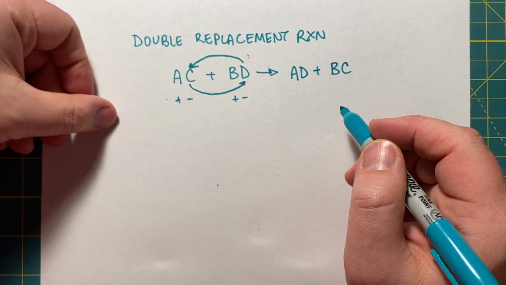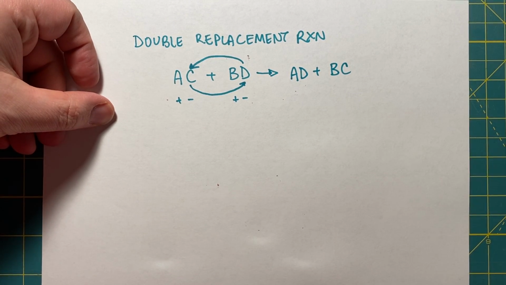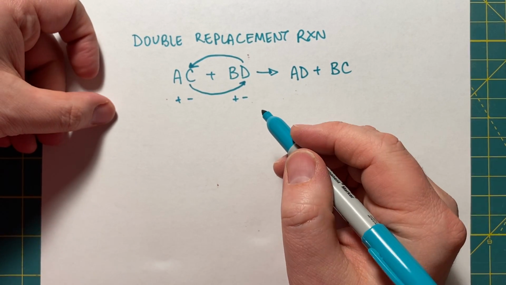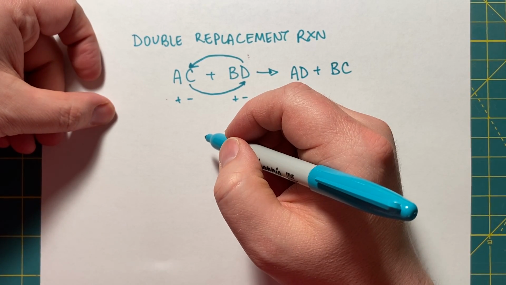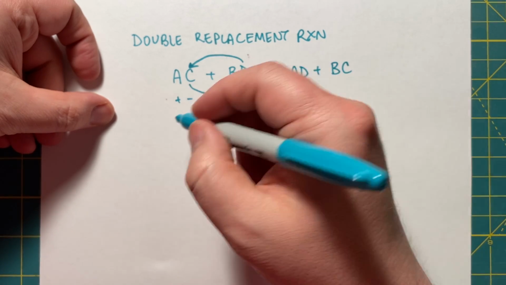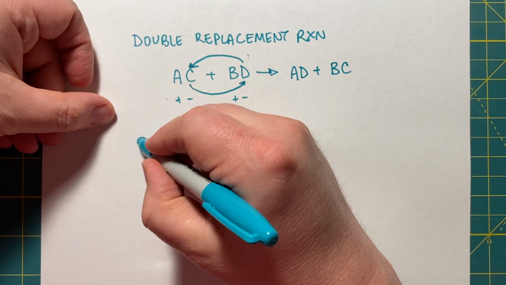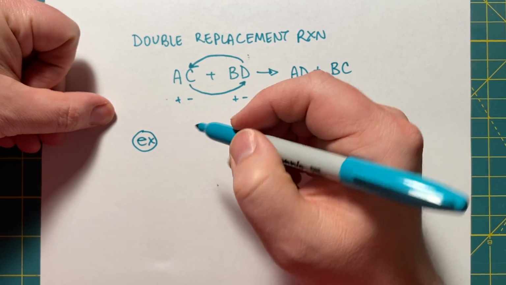As an example, I'll pick two fairly straightforward ionic compounds. Let's do potassium iodide. I'm not saying this is realistic, I'm just saying it illustrates the point.